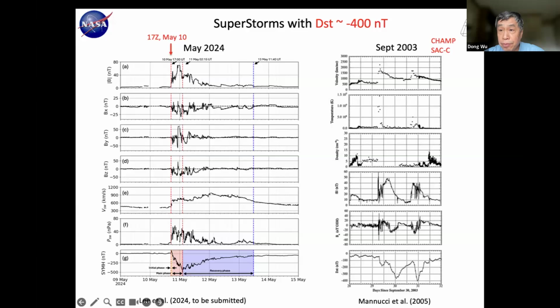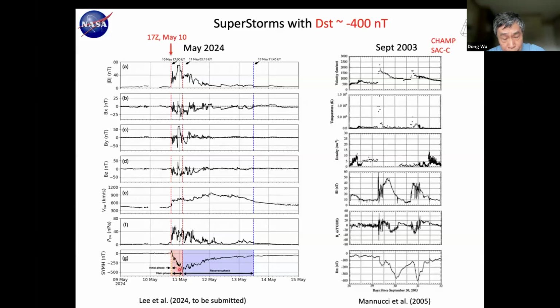Compared to the previous event, the Halloween events in 2003, this one has, let me use this pen, maybe it can help you see my cursor better. This is a very strong, what we call a superstorm. Minimum Dst is minus 400 nanotesla, and everything happens in a few hours.